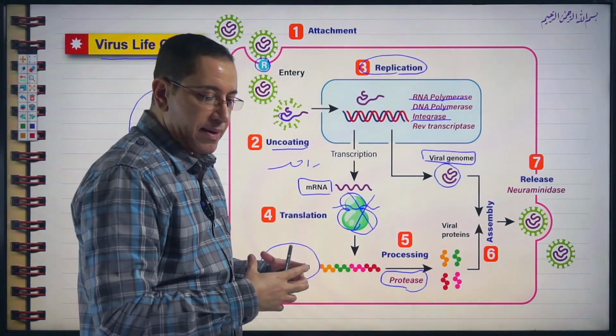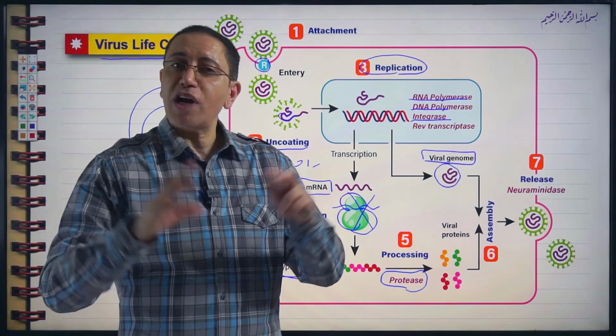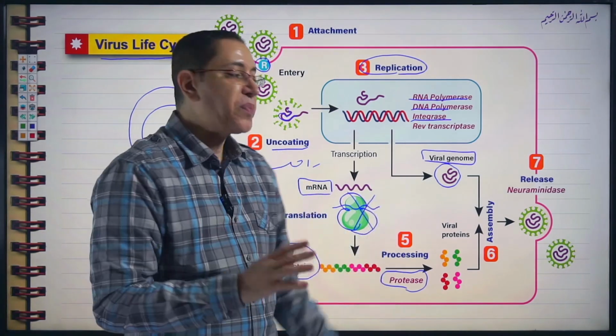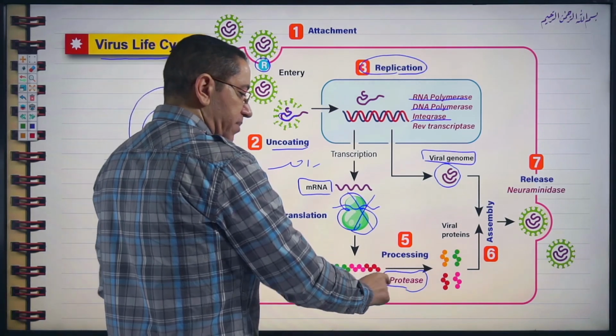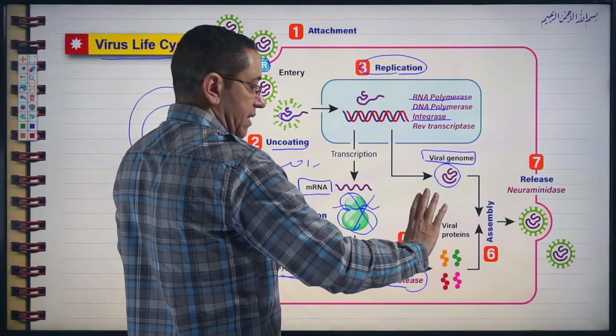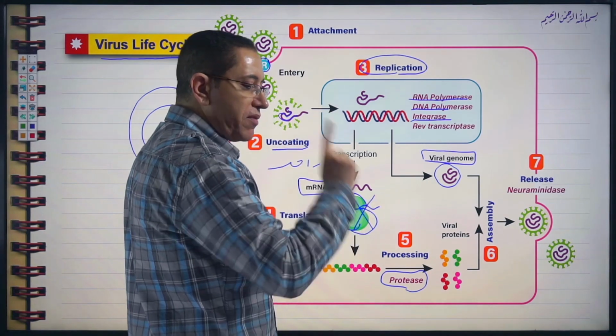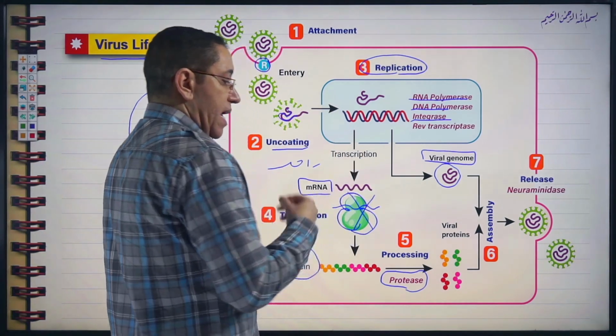Exactly like how each president has his own specific tailor who knows his body measurements and how to make the suits fit. So, when it comes to this protease enzyme, we are speaking generally. However, it's not one enzyme. This is according to the type of the virus. Each virus has its specific protease.